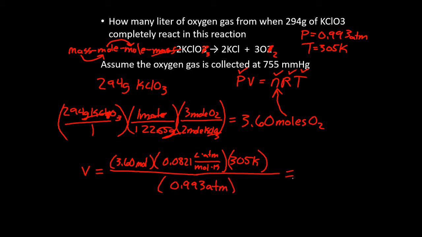So close to 1, but not quite. So 3.6 times 0.0821 times 305 divided by 0.993. We will make 90.8 liters of O2.